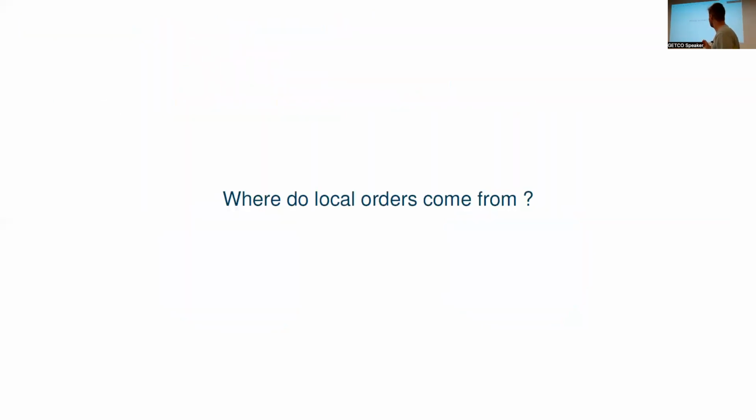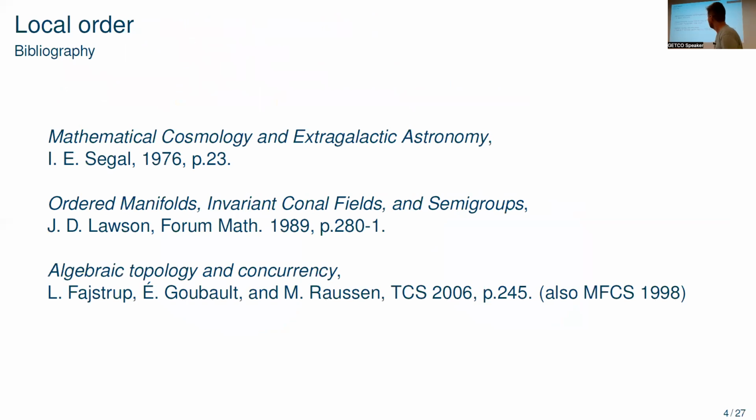Okay, so now the question is, where do these objects come from? For my part, I discovered them in the paper by Lisbeth, Eric, and Martin in 1998. But actually, it appears in the book of Segal about mathematical cosmology and astronomy.